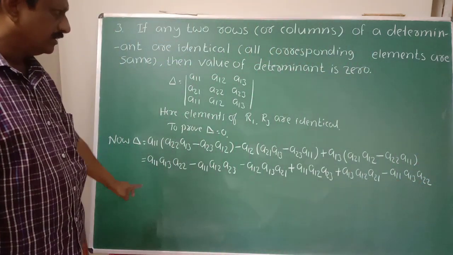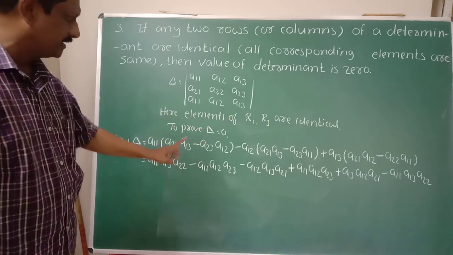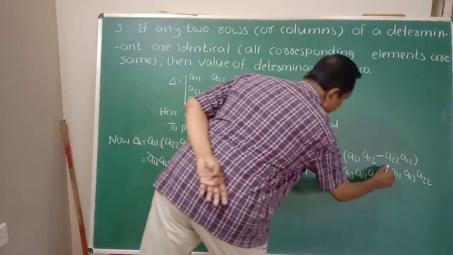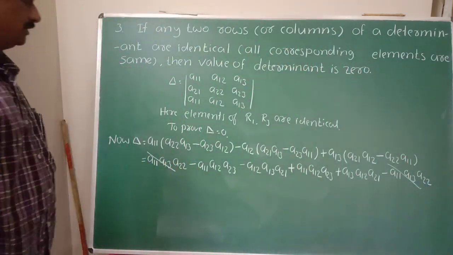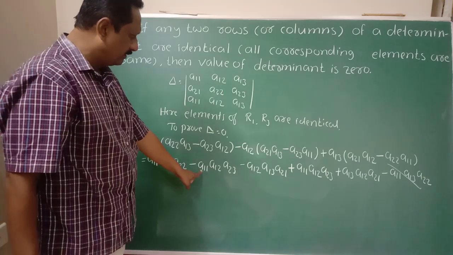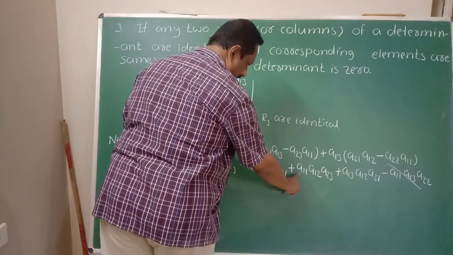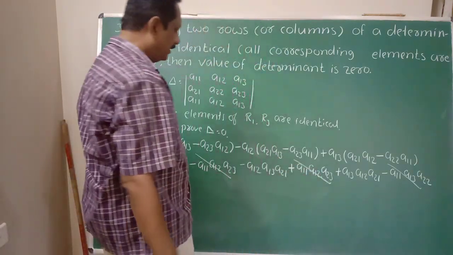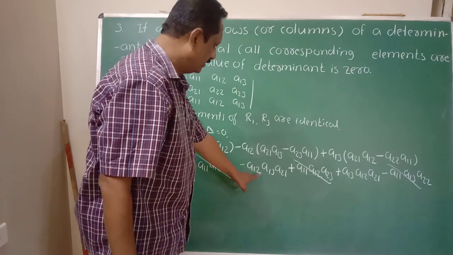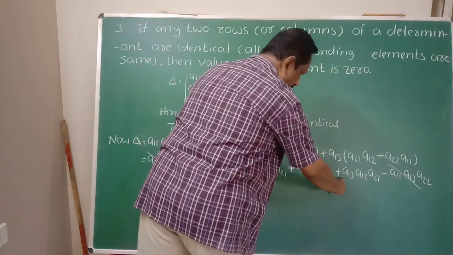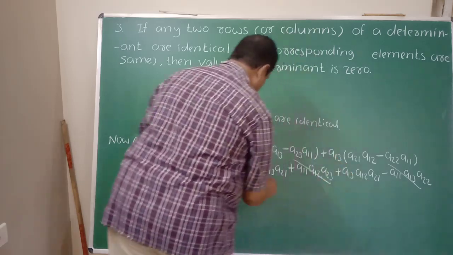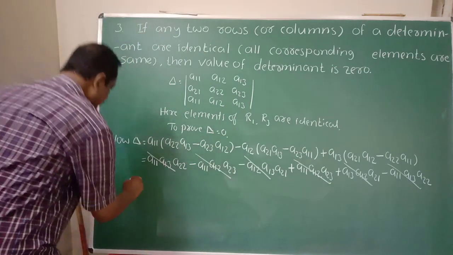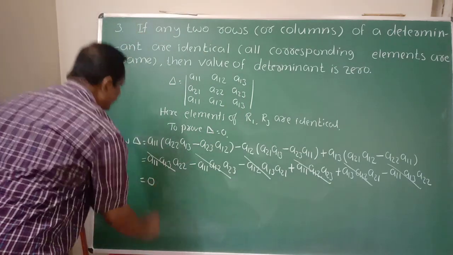Here first term and last term are the same, but one is positive and the other is negative, hence these terms get cancelled. Then minus A11 A12 A23 plus A11 A12 A23 get cancelled. Then minus A12 A13 A21 plus A12 A13 A21, these two terms get cancelled. So therefore this is equal to 0.